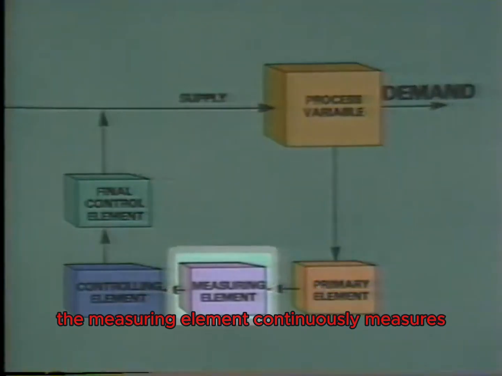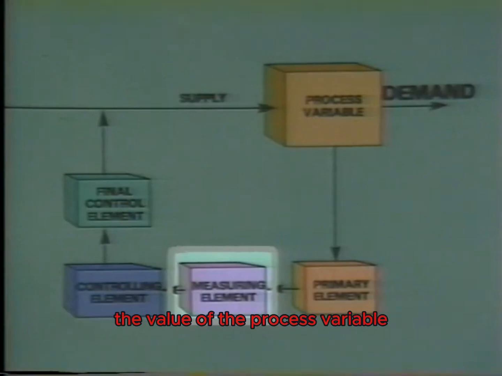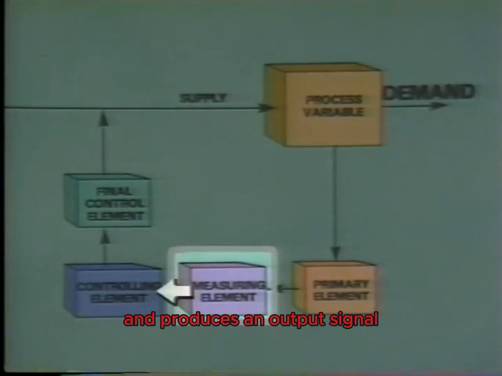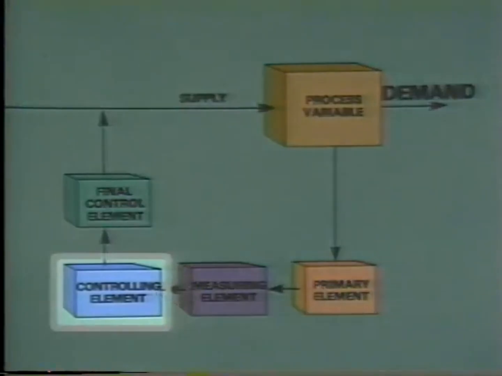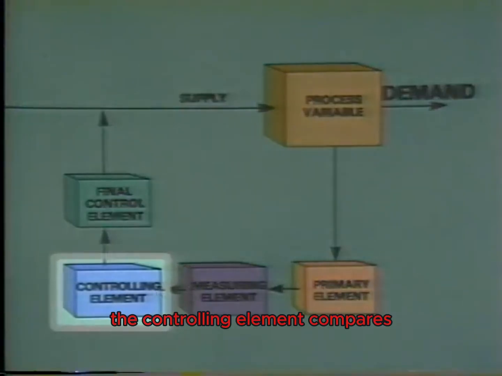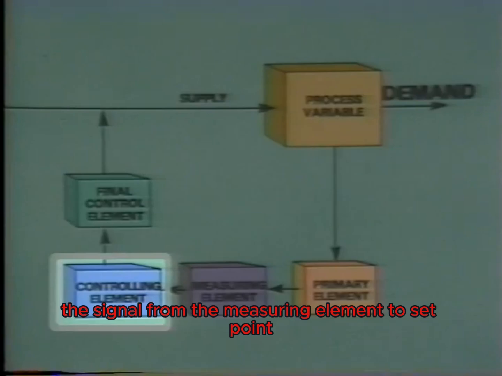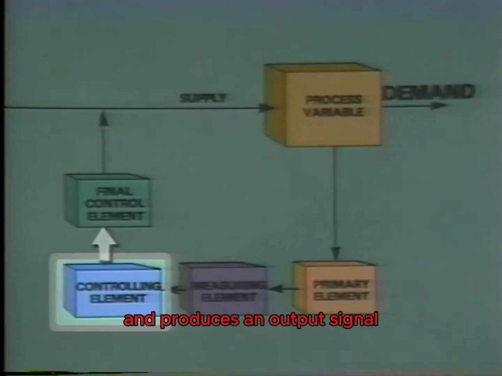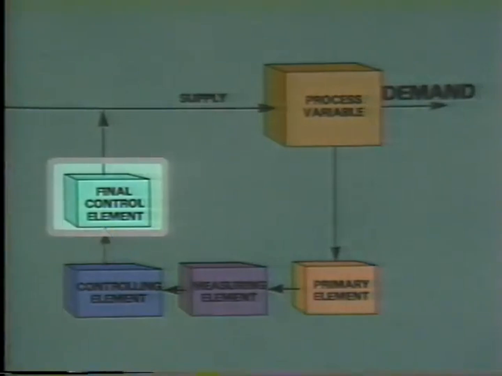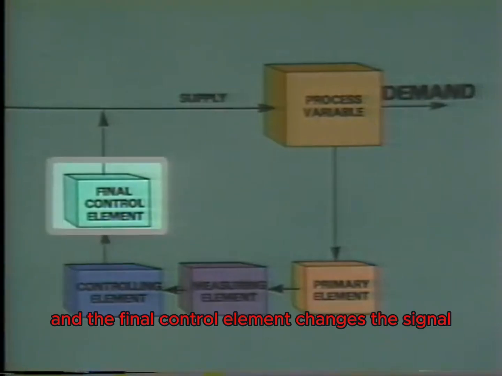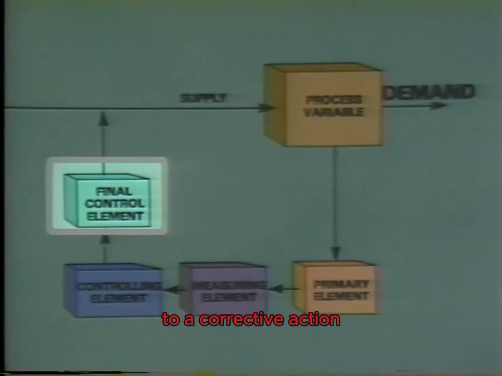The measuring element continuously measures the value of the process variable and produces an output signal that is sent to the controlling element. The controlling element compares the signal from the measuring element to set point and produces an output signal which it sends to the final control element. And the final control element changes the signal to a corrective action.